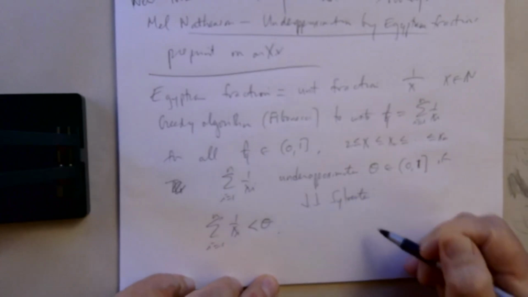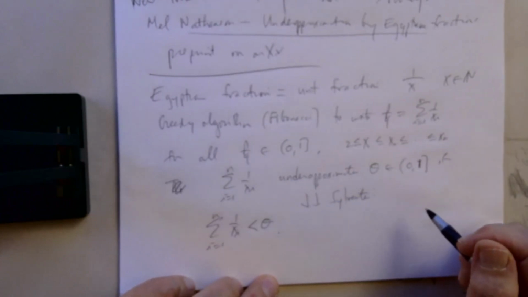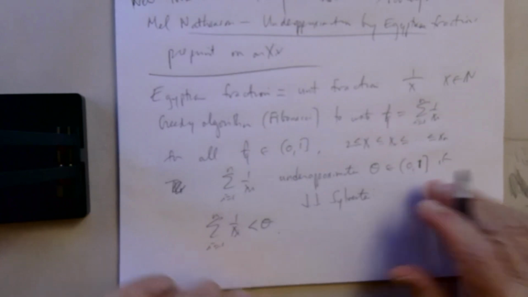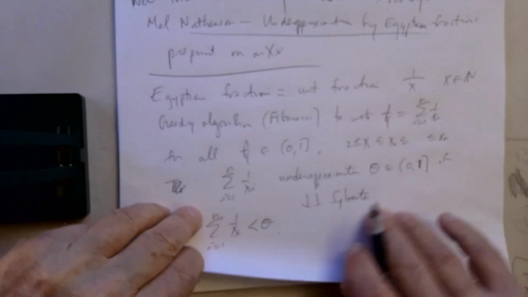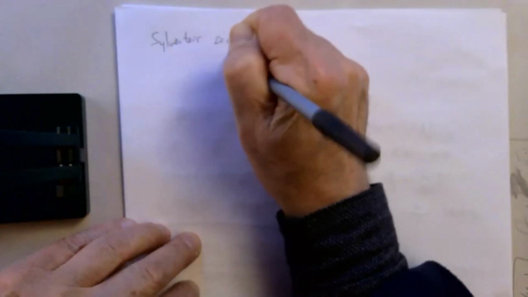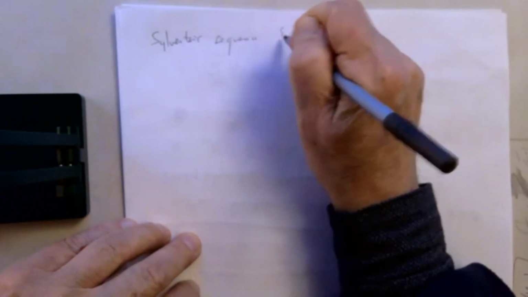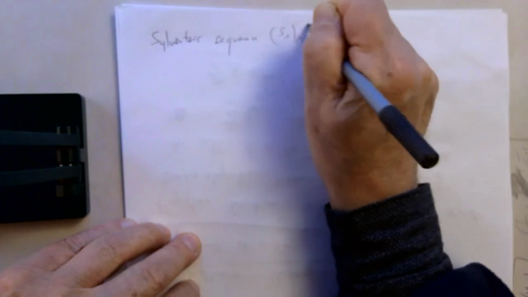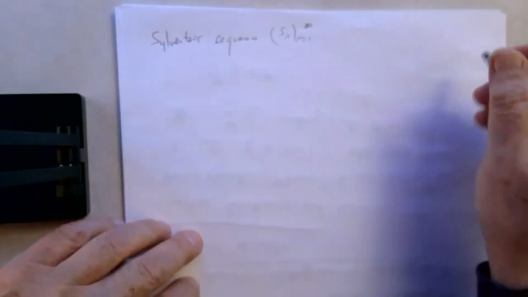that if you take a sequence, well, let me do it on a separate piece of paper. So this is Sylvester's sequence, S sub i, i goes from 1 to infinity.